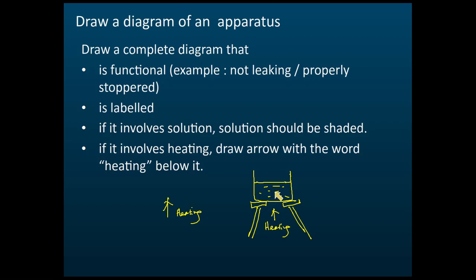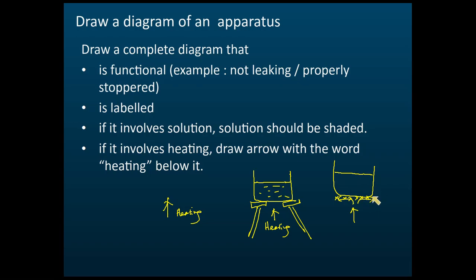Now first of all, you must know what the function of the wire gauze is. The function of the wire gauze is to help you distribute the heat. You heat here, and then the wire gauze will distribute the heat to the side. If you do so, then you can heat the liquid uniformly.